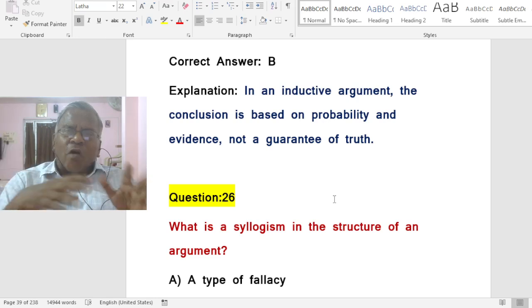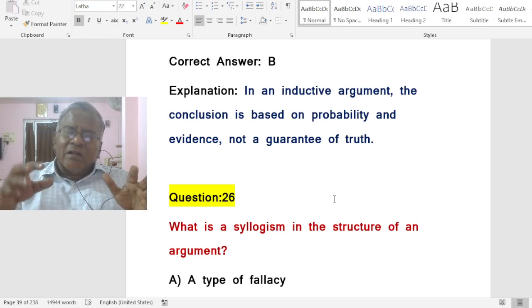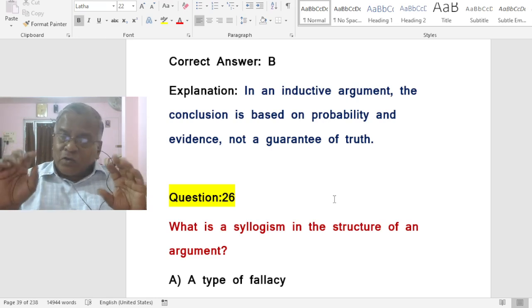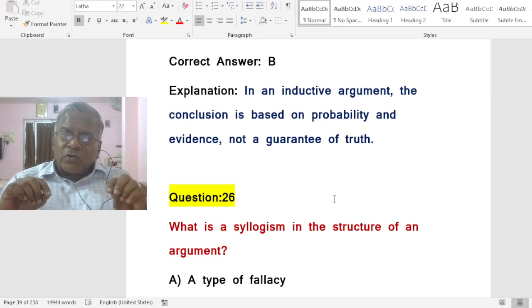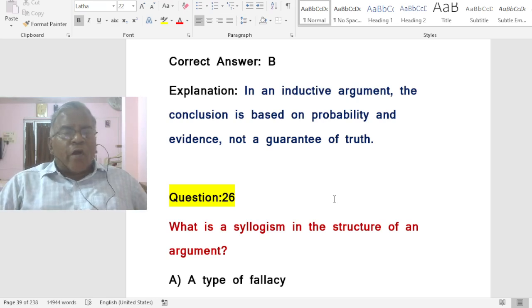You take some 10 coins, and all the 10 coins you have taken are 2 rupee coins. Just because all the 10 coins are 2 rupee coins, you come to a conclusion that all the coins in the bag should be 2 rupee coins.